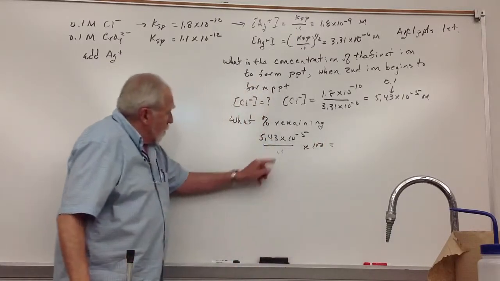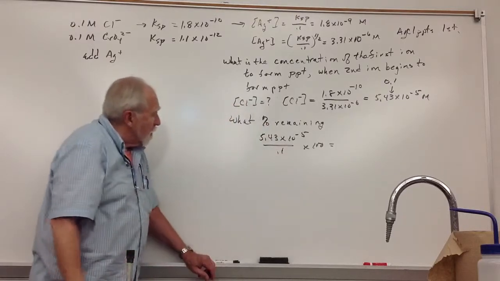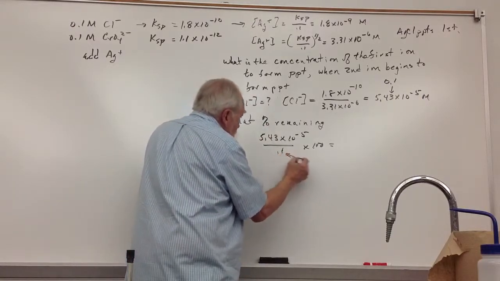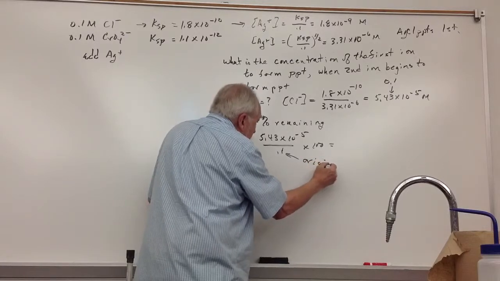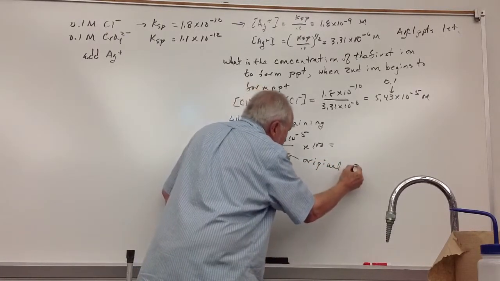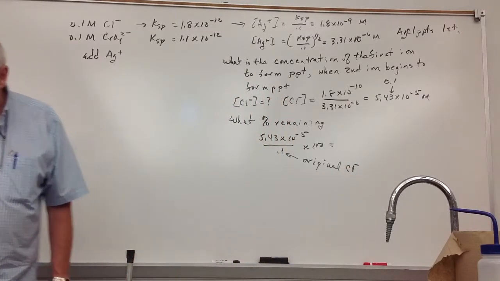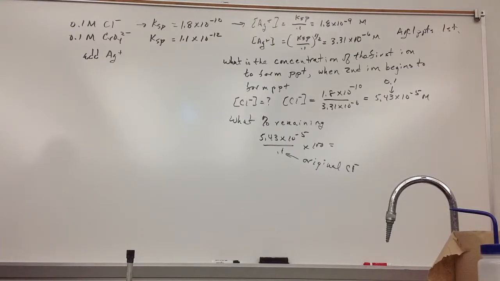And you're dividing by the original concentration here. It's a little confusing because both of them were 0.1, but this was the original chloride, because I will be mixing up numbers in the problem. So it says 5.43%.